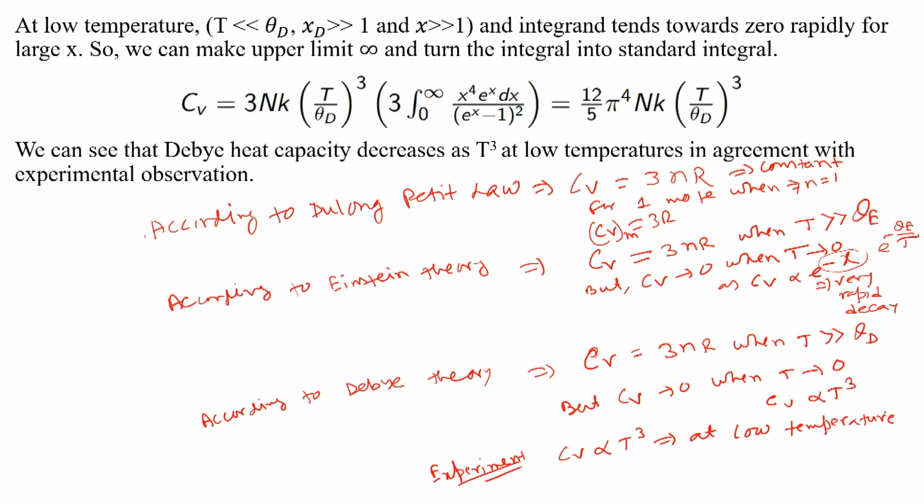So Dulong-Petit's law was modified by Einstein theory, and then Einstein's theory was further modified by Debye theory. Einstein theory partially showed that Cv goes to 0 when T goes to 0, but the decay was quite rapid because it was exponential. According to Debye theory, Cv is proportional to T^3, so its decay is much slower, and it matches the experiment.